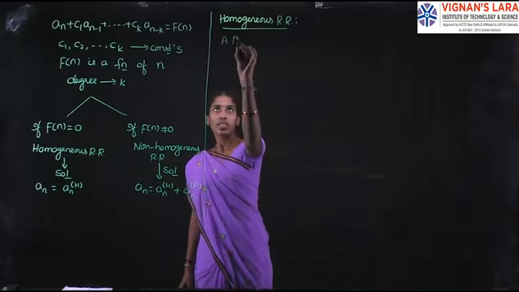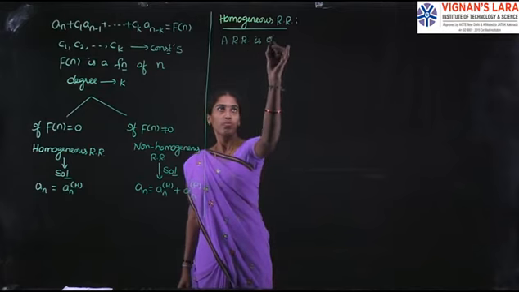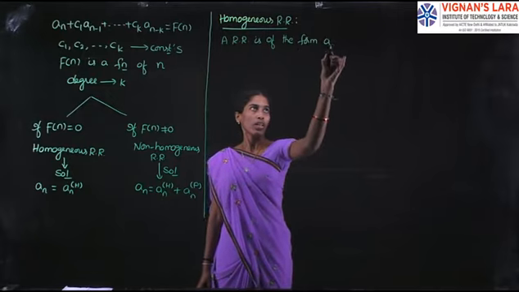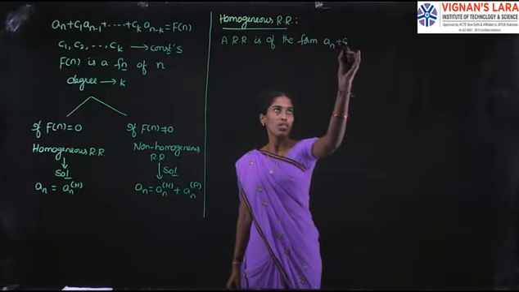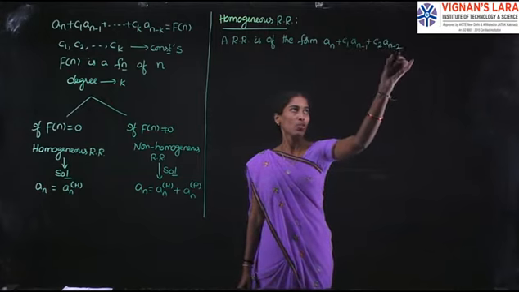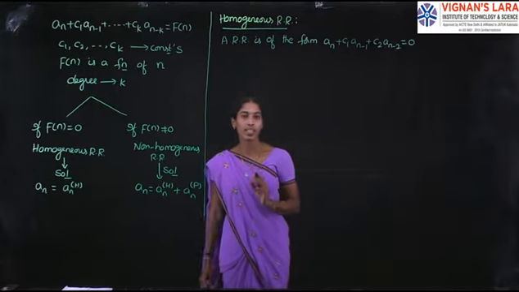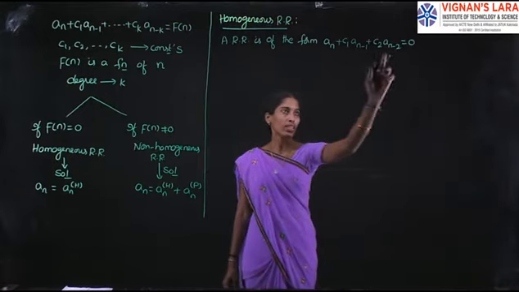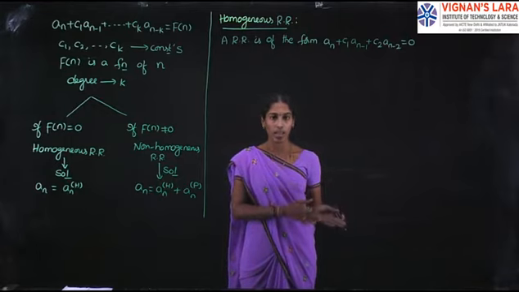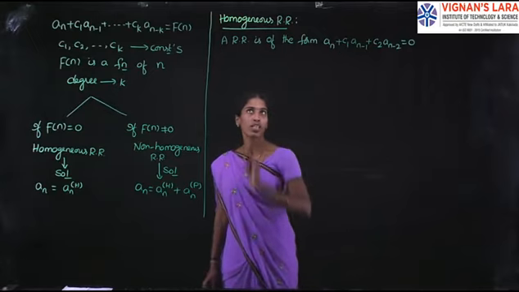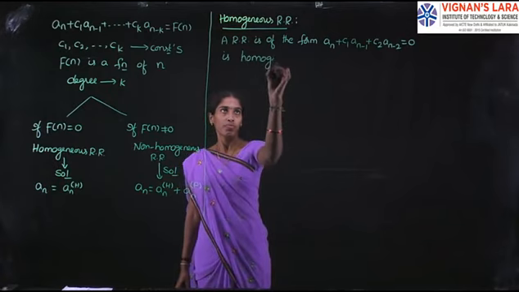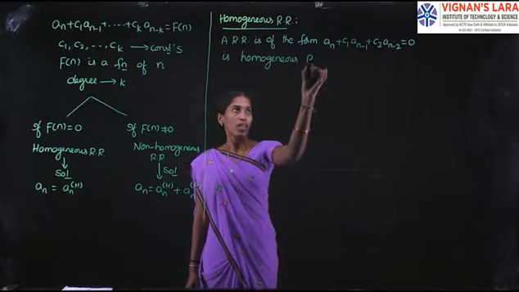A recurrence relation is of the form a_n + c1 a_(n-1) + c2 a_(n-2) = 0. The right hand side is equal to 0 and these terms involve constants and the sequence terms a_(n-1) and a_(n-2), so this is a homogeneous recurrence relation.